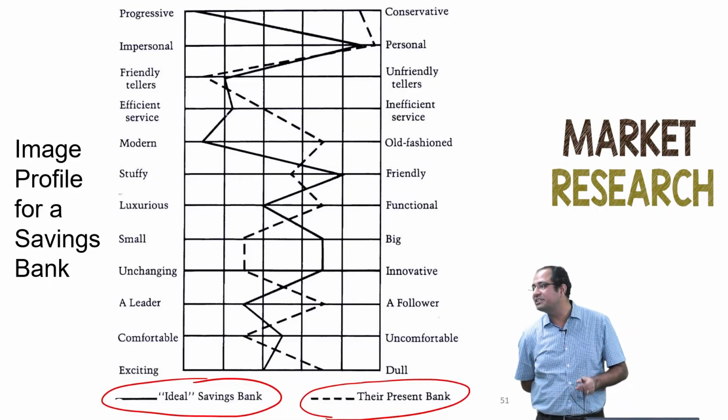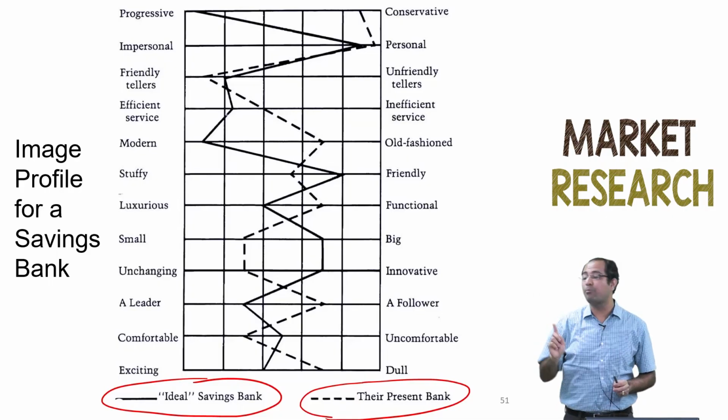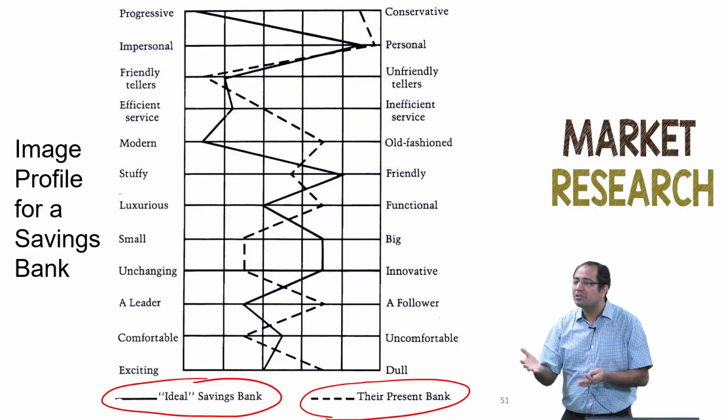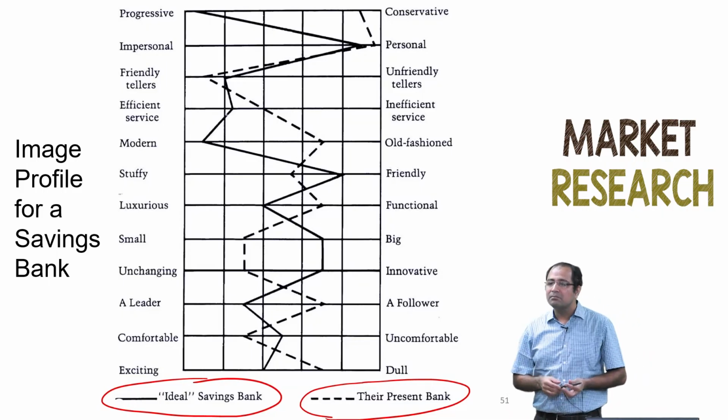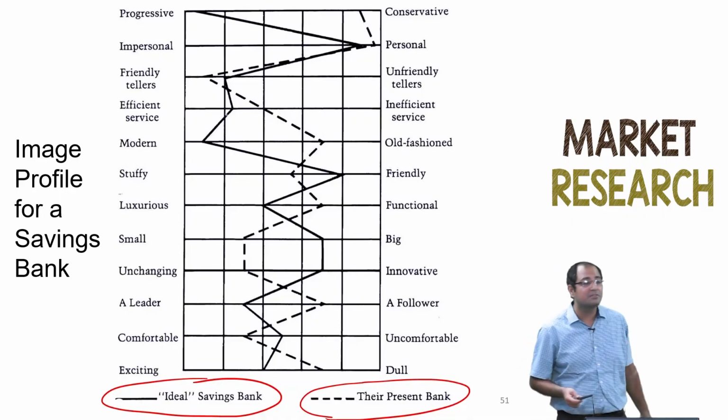So you will be able to see the gaps. Now I am not saying all these gaps where you are not doing well are important, but you will know where the gaps are. Some of these gaps would not be meaningful, but others might be important. That is a further analysis.